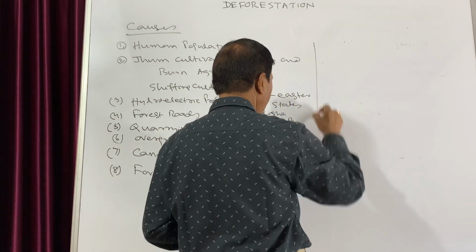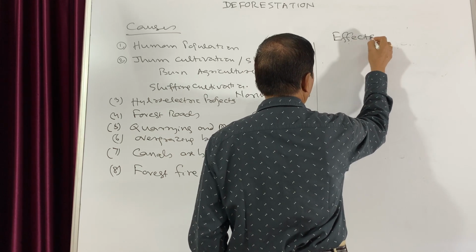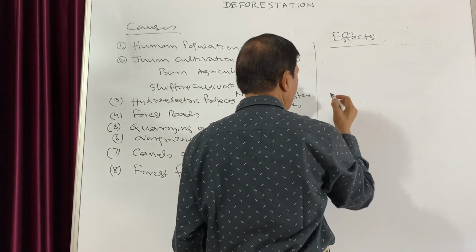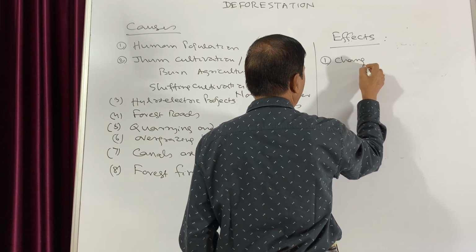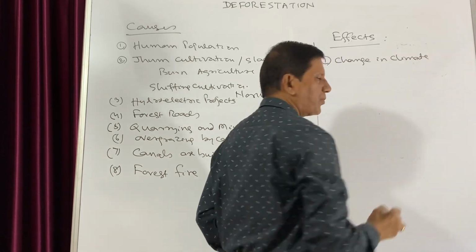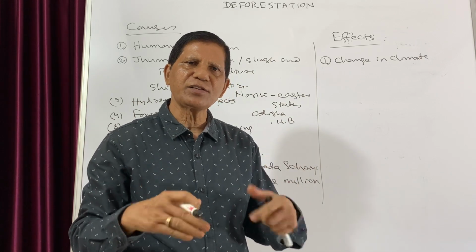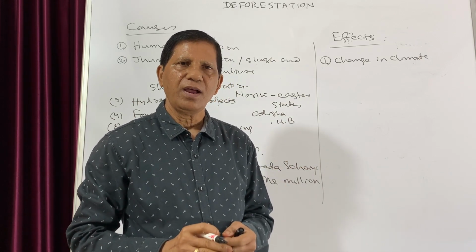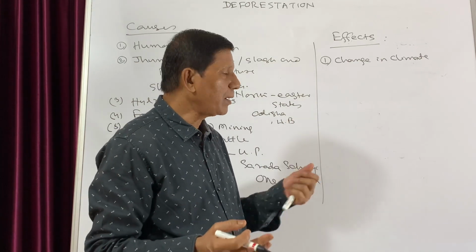So among the different effects of deforestation, number one, and very important, is change in climate. When deforestation takes place, large biomass is lost, and when large biomass is lost, what happens?